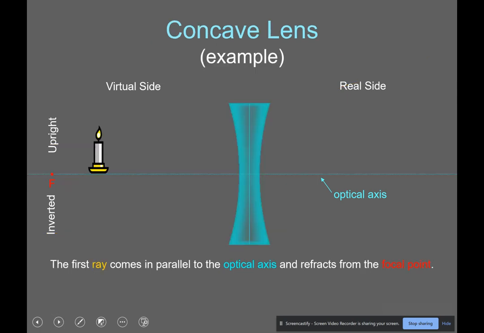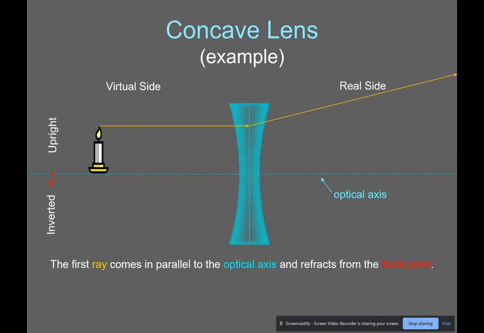So you're going to do a straight line hitting the middle part of the lens, parallel to the optic axis. Remember, that's just your equilibrium line. Then you draw a diagonal line that goes out.